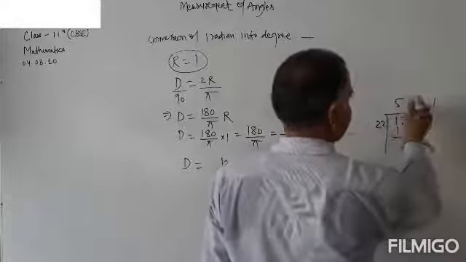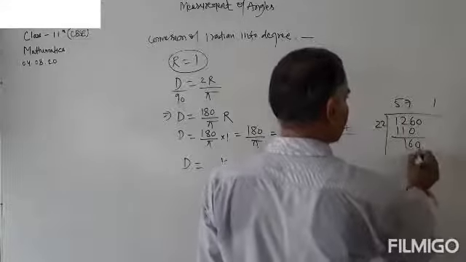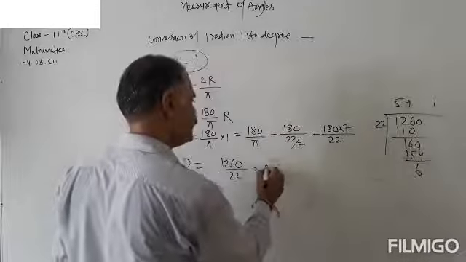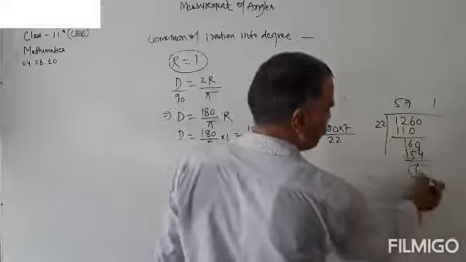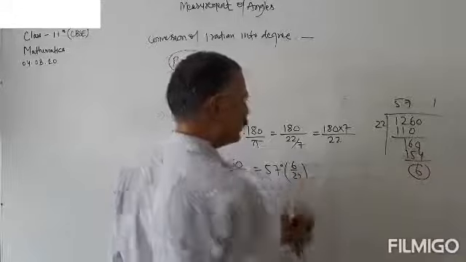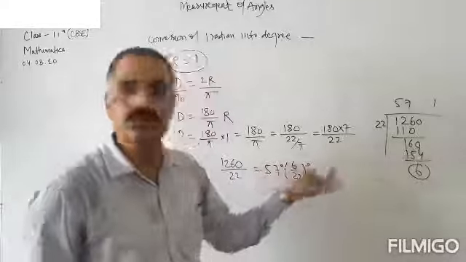Let us take 7 times 22 is 154, so 6 remains. So 57 degrees complete, and then 6 is the remainder, 6 upon 22 degree. Okay, 57 degrees is complete, and then 6 by 22 degree.